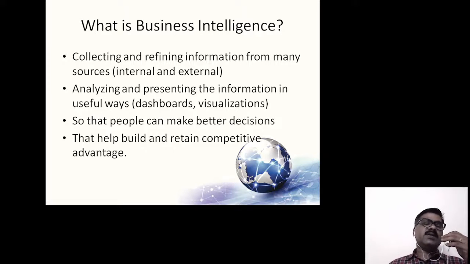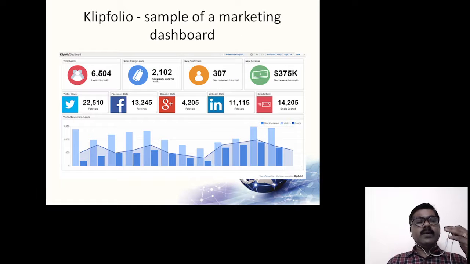So business intelligence helps in designing such dashboards which can give information at one click, and it also helps in bringing in good data visualizations, so that it helps people to make better decisions. So this business intelligence would help, and it will retain the competitive advantage. See, this is an example of a marketing dashboard.